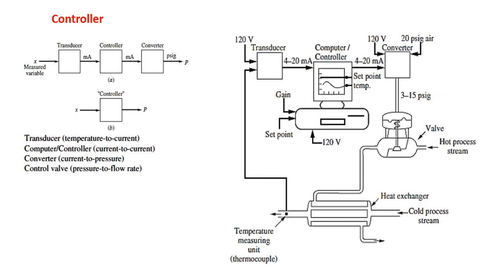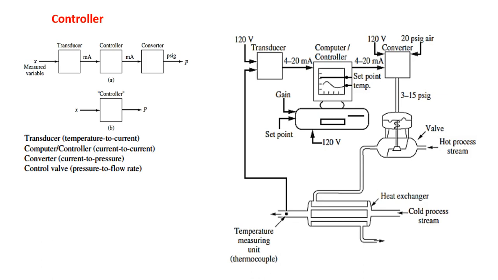In order to achieve that objective, we measure the output using thermocouples. That measured value of the temperature is fed into the transducer, which converts the temperature signal into a current signal. Normally the current signal from the transducer is in the range of 4 to 20 milliamperes.